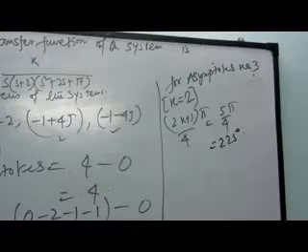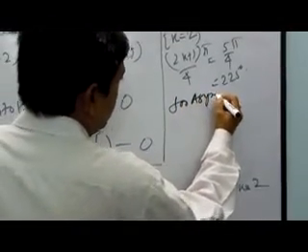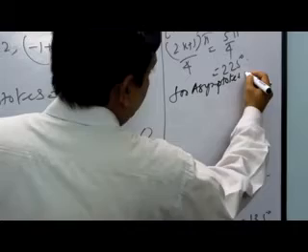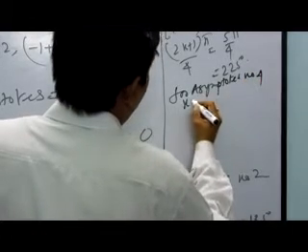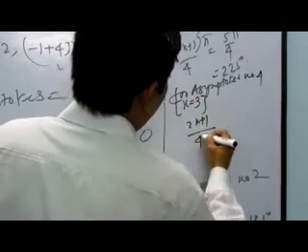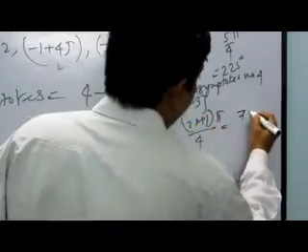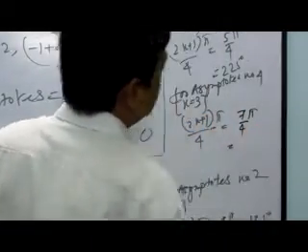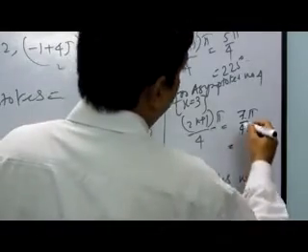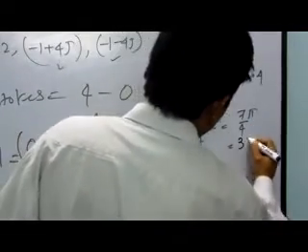For asymptote number 4, k equal to 3 here. Now (2k plus 1) divided by 4 into pi, that is equal to 7 pi by 4, that means 7 pi divided by 4 is 315 degree.